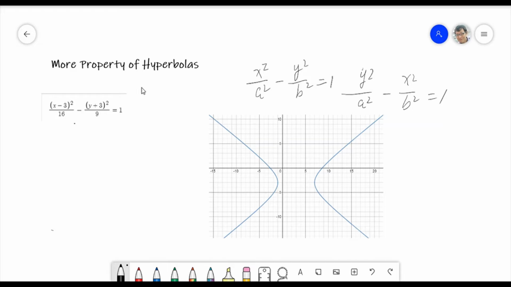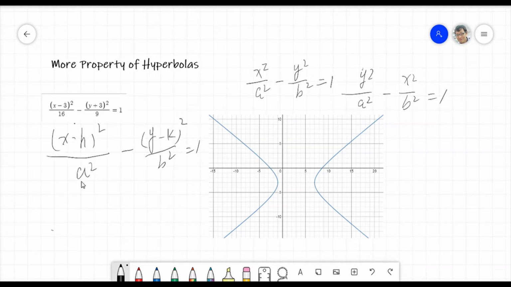So let me change it to look like a standard equation. So x minus h, remember h and k are the x, y coordinates of the center. x minus h squared divided by a squared, since it's left and right, minus y minus k squared over b squared is equal to 1, right? So this is the standard form.